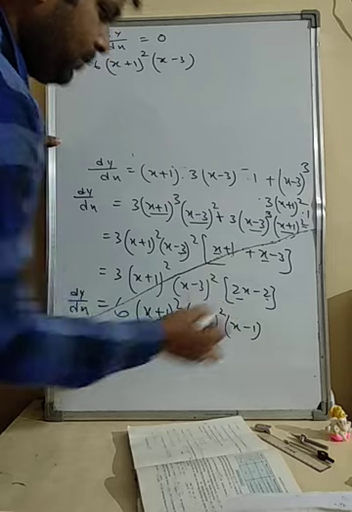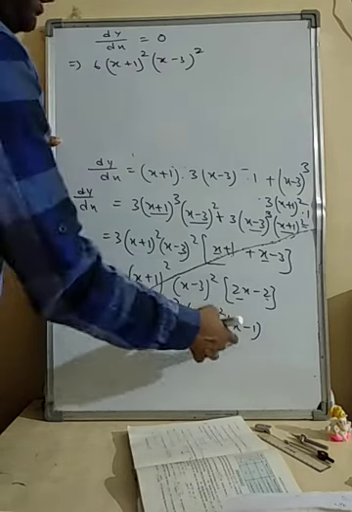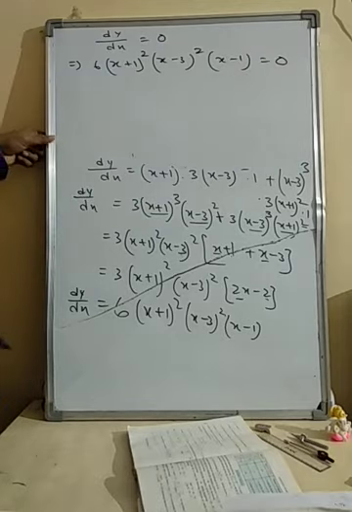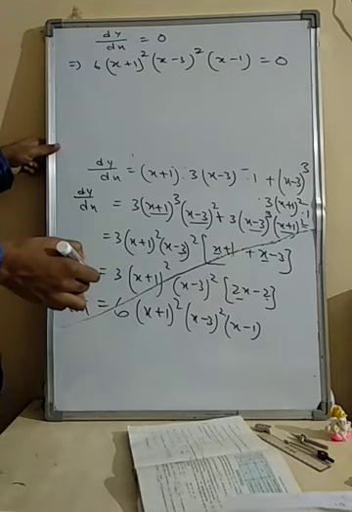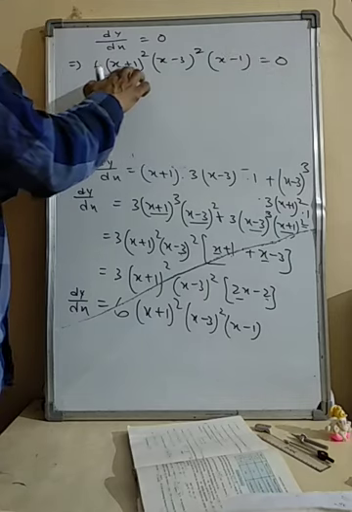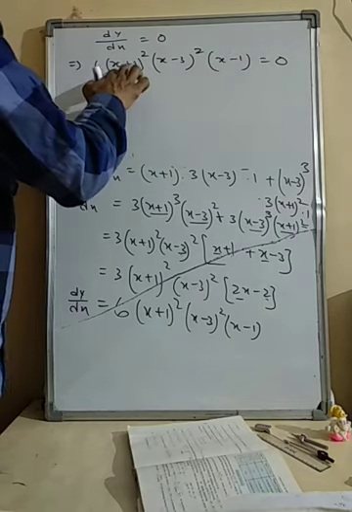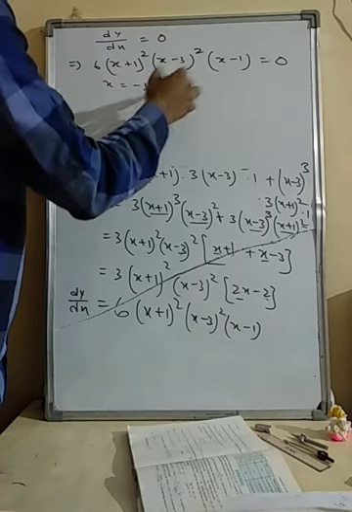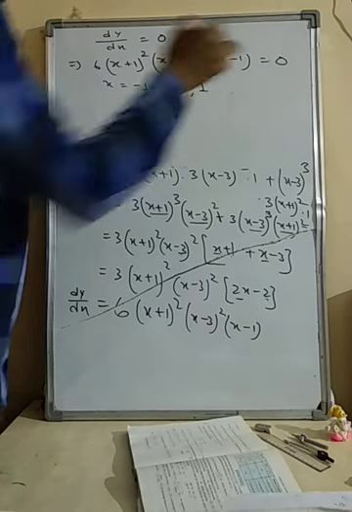So (x minus 3) whole square and then (x minus 1) is equal to 0. Now see, if I write this equal to 0, therefore 6 is not 0, either this is 0, this is 0 or this is 0. If this equal to 0, so x equal to minus 1. If this is 0, x equal to 3, and if this is 0, x equal to 1. These are the critical points.